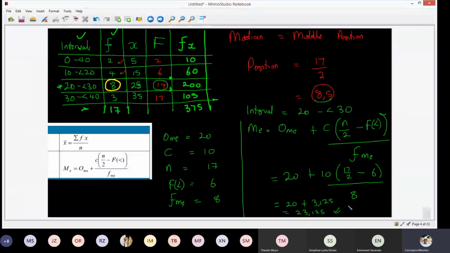Now it's your turn. Let me look for a question so that we can do this question together. Where is it? We want to find the mean, the mode, and the median. I don't want these big numbers.